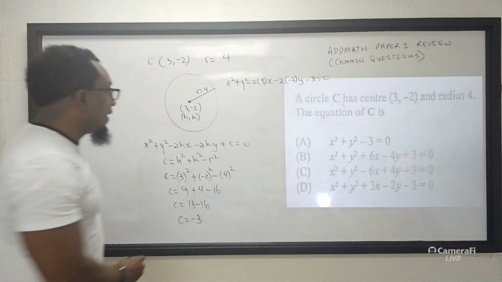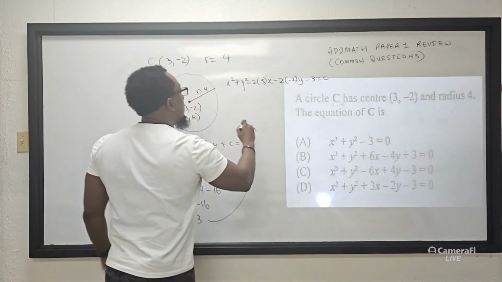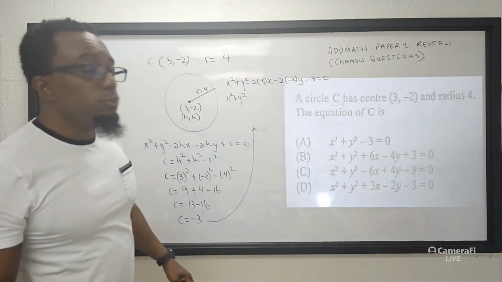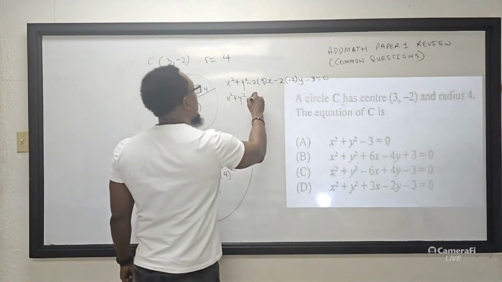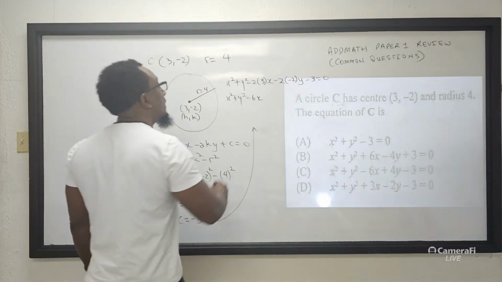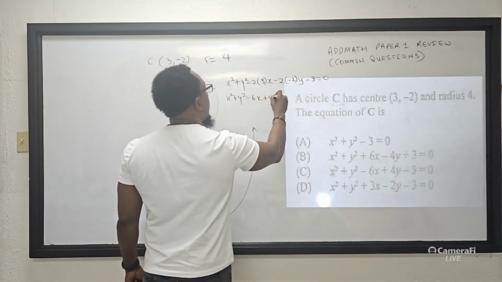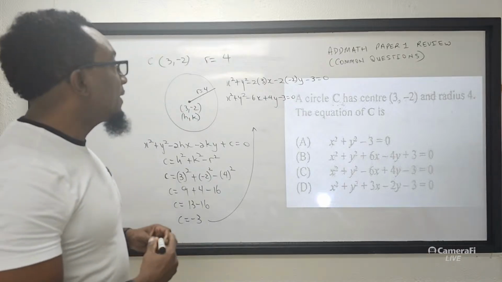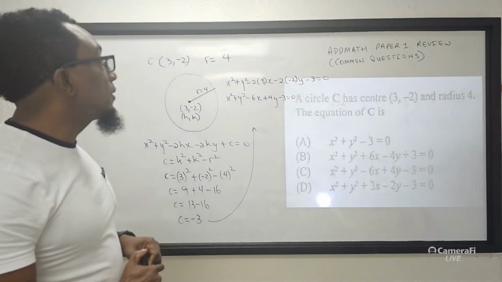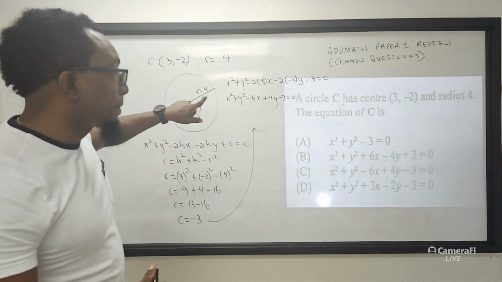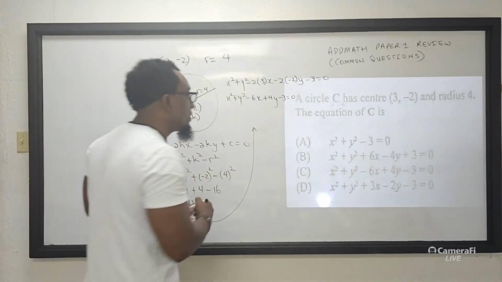So when we simplify that, what are we going to get? This becomes x squared plus y squared, -2 by 3 is -6x, -2 by -2y is positive 4y, minus 3 is equal to 0. And that is the equation of my circle with center (3, -2), radius 4, whose answer is C.